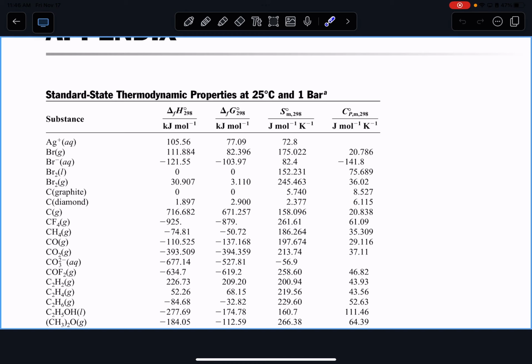I don't want you to treat this table as something that just exists. There are physical chemists doing lots of experiments to put numbers in that table, and that's how those experiments are being done. And then know how to use the table to find the heat of reaction, using the heat of formation from the thermodynamic table.